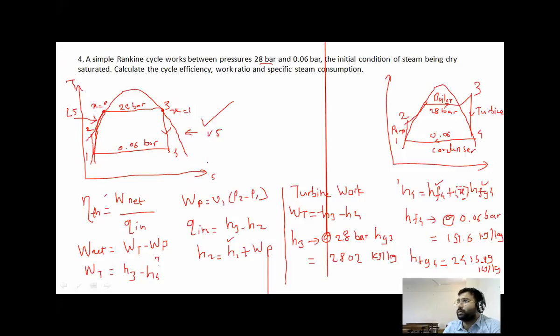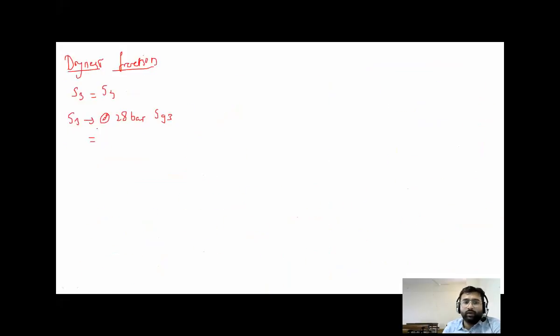Any point lying on the vapor saturation curve, we have to go for SG, HG, etc. Any point lying on the liquid saturation curve, we have to go for SF, HF, etc. What is the value here? 6.211. What is the unit? Kilojoule per kg Kelvin. So that will be S4.